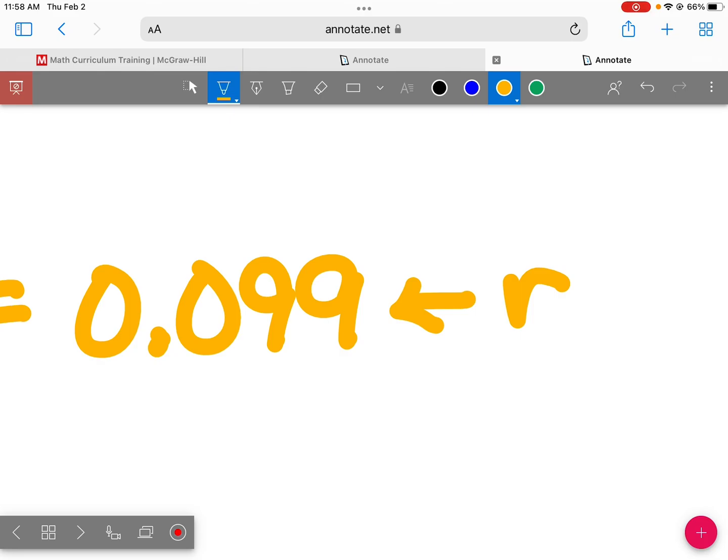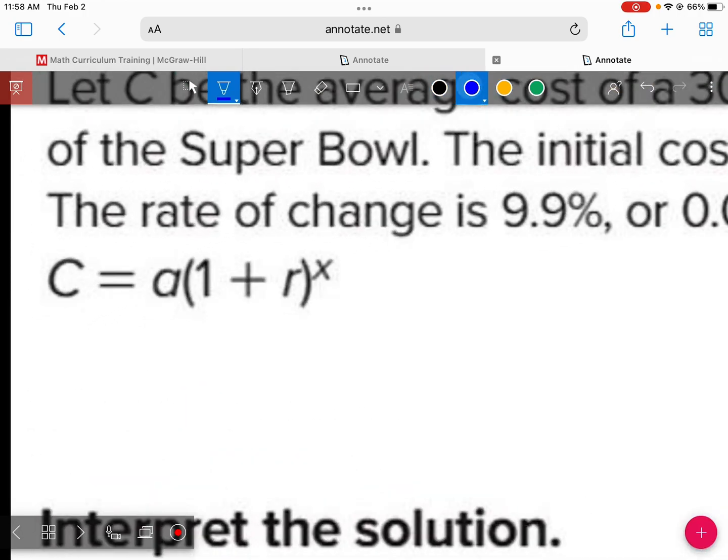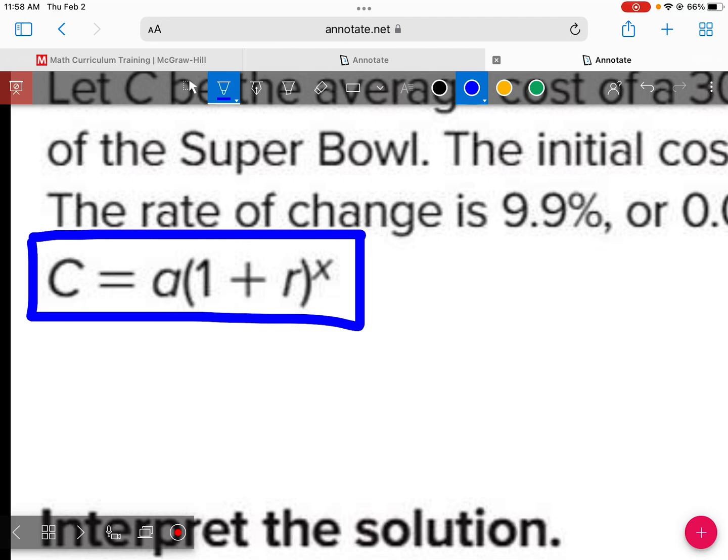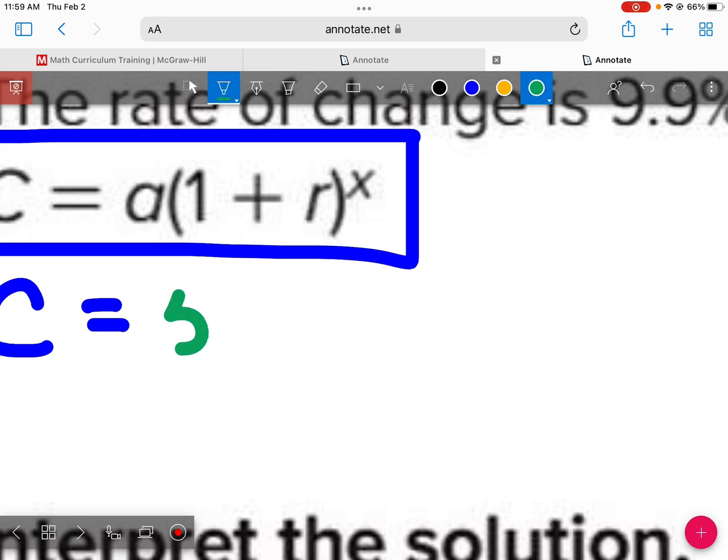All right, I want to substitute in. They're not using big A. They chose to use the letter C. They just use C for cost instead of big A for amount, but it means the same thing. So we're going to have C equals. What are we putting in for A? $58,000.